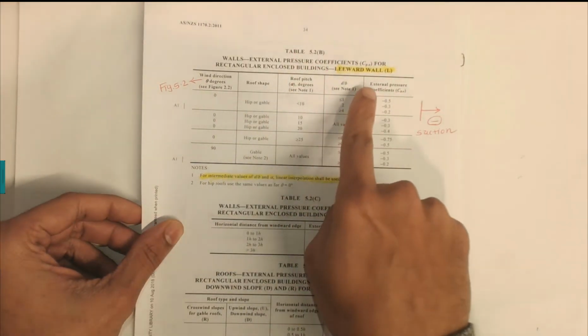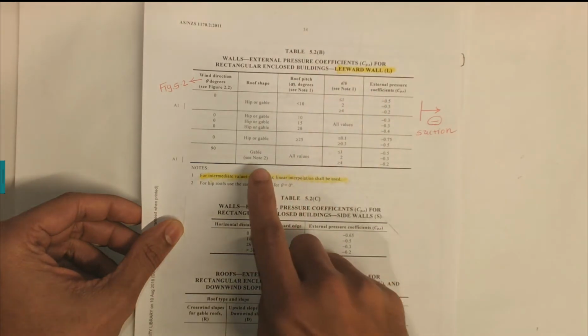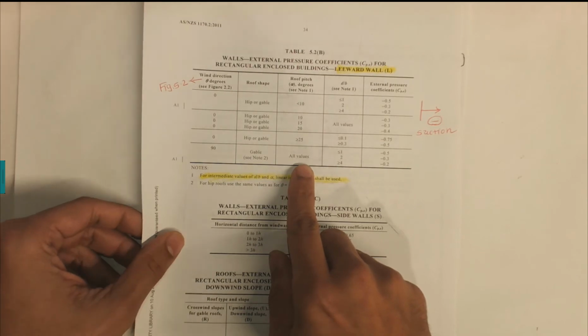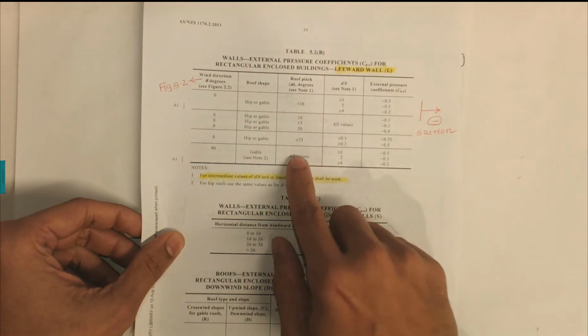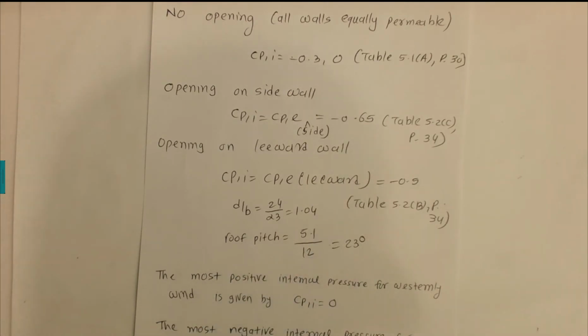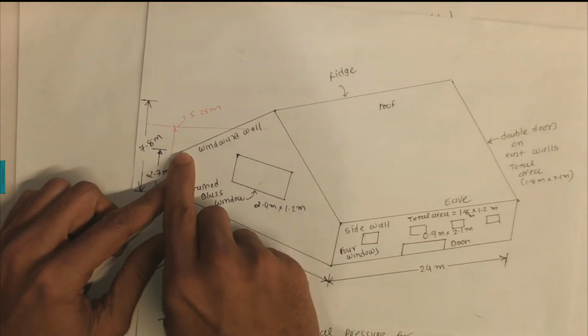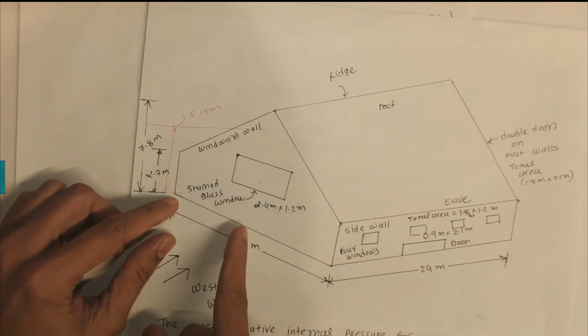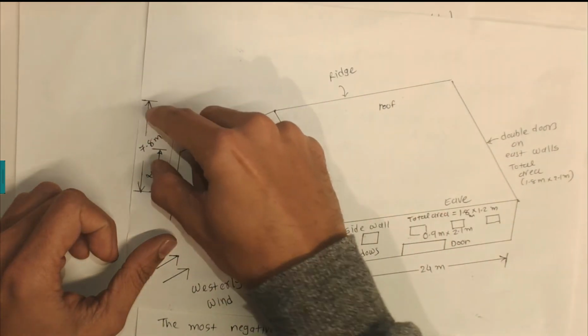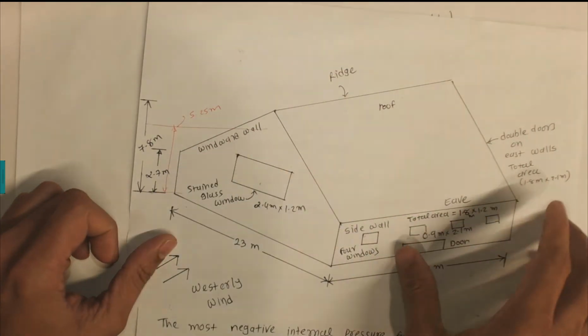We have leeward walls. In those leeward walls we have gables, and all the values for roof pitch. You can calculate the roof pitch by taking half of 23 and the height of this one, which is 7.8, take away 2.7, so you can find that angle.